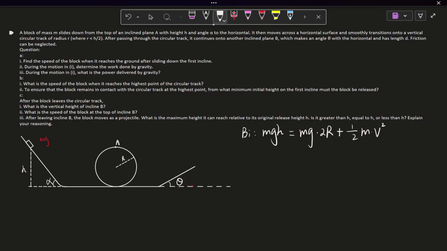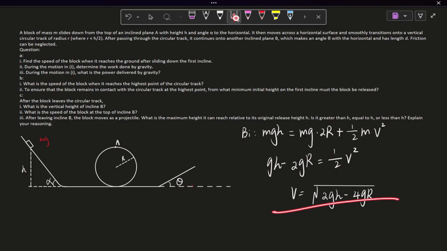Reformulating, m can be easily cancelled out. So gh minus 2gr is equal to 1/2 v squared, which means v will be equal to the square root of 2gh minus 4gr. And this is the correct answer for the first part.